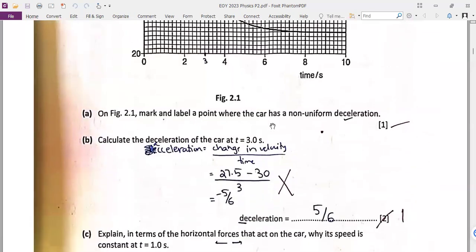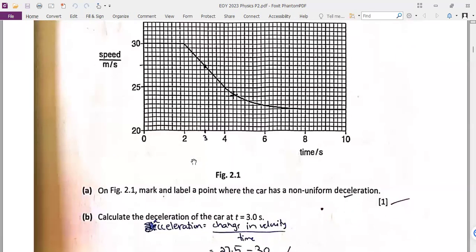Then it is asking about the deceleration at t is equal to 3 seconds. So this is 3 seconds. At 3 seconds, what do you do? As you can see, there is a straight line, so you can take the gradient here and the acceleration will be the same from here to here.